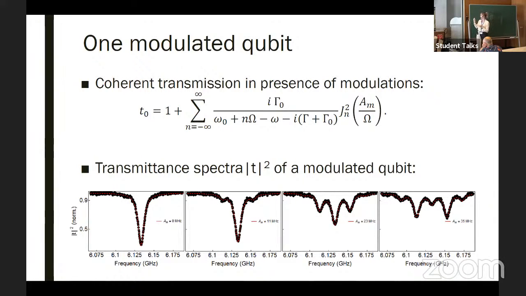By increasing the amplitude of the modulation, you can see that the sidebands become more pronounced, and the central peak, which was the qubit frequency, gets shallower. And the amplitude here is in frequency units, and what I'm applying is actually a current, in amperes. So this measurement also helped me estimate the relation between the currents I'm applying and the frequency modulation strengths I got.